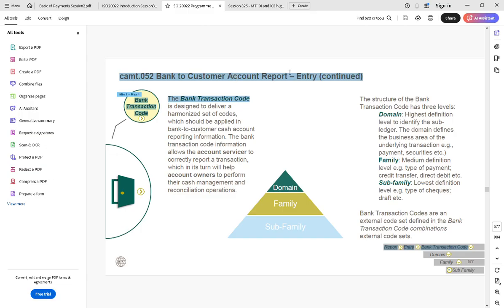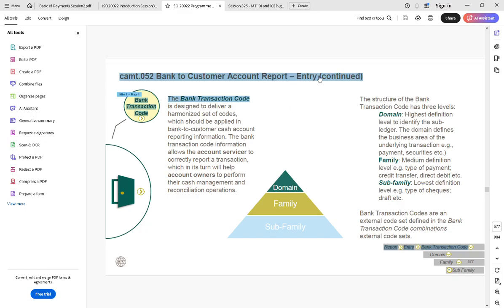It is a set of elements used to fully identify the type of underlying transaction resulting in an entry. Domain property rule or family rule. So what is the domain property rule? And if it is not present, then what error should be reported, the receipt rule. So what is in the domain code? External bank transaction code.